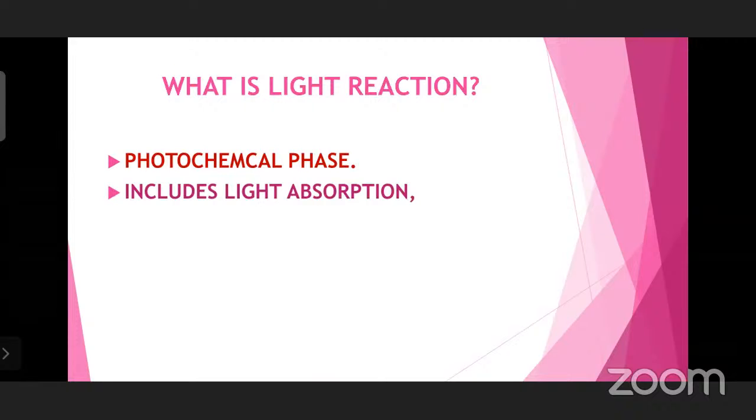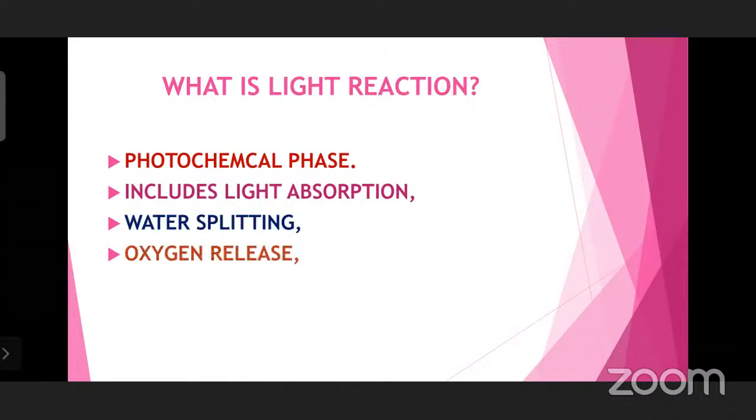Yesterday we learned about the chlorophyll pigment and its structure. Chlorophyll is of 7 types: chlorophyll A, B, C, D, E, and bacteriochlorophyll. Chlorophyll is very important for trapping solar energy, and particularly chlorophyll A is very important, which forms the reaction center.